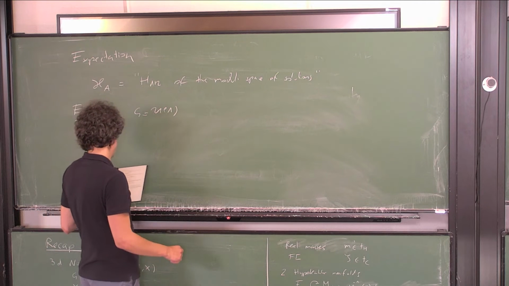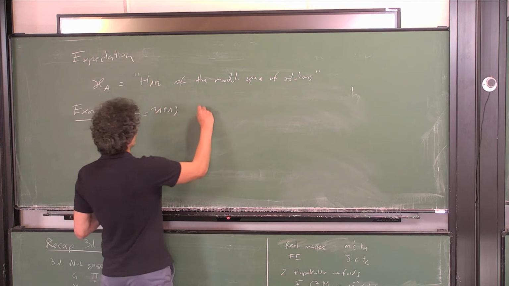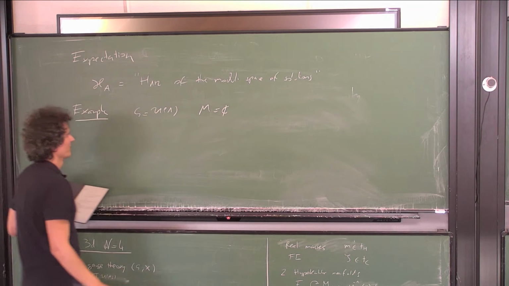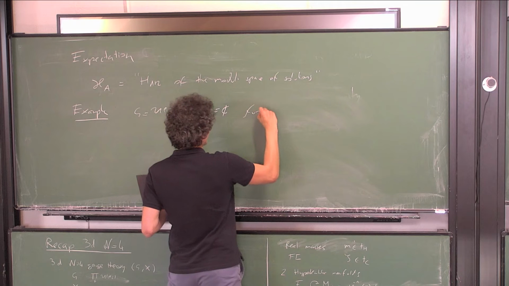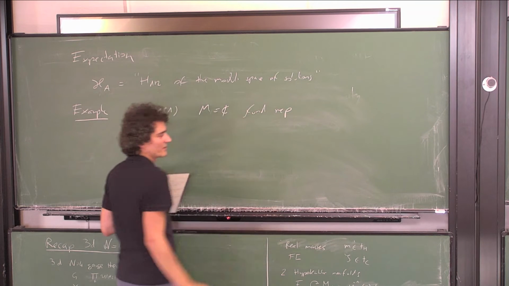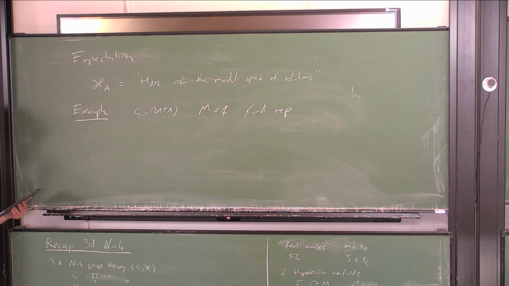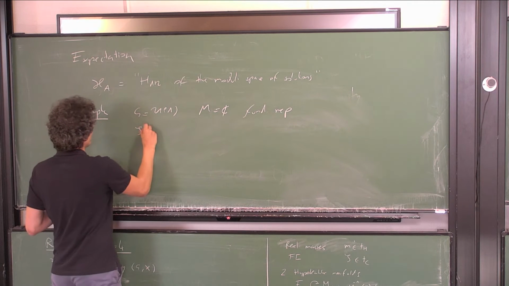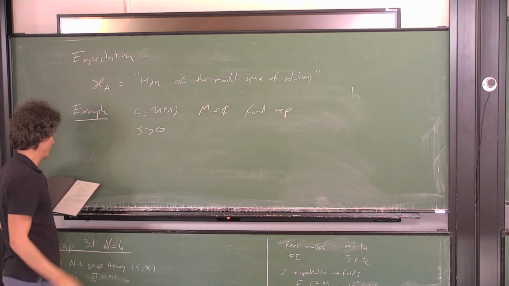Basically G is U1 and M is C in the fundamental representation. Here we enter the realm of what Martin was discussing a little yesterday, because I'm going to take zeta to be positive.